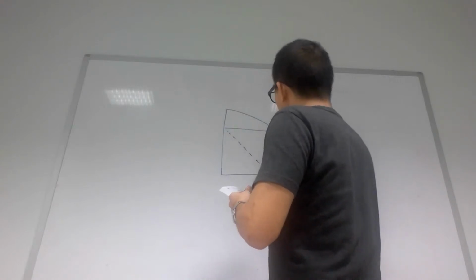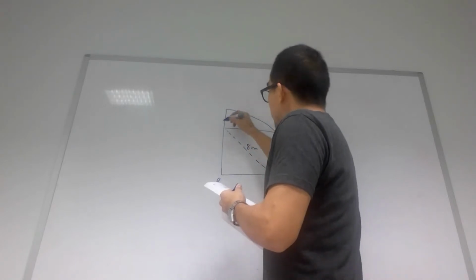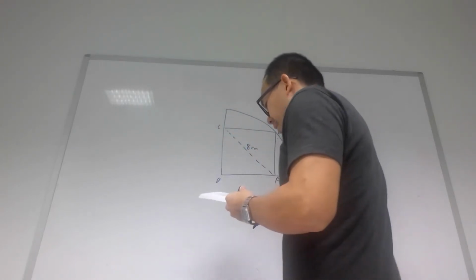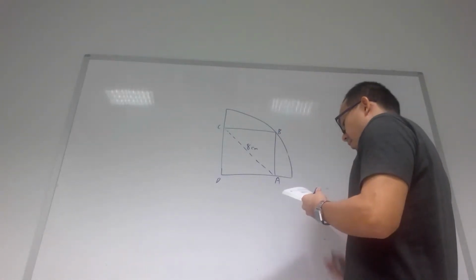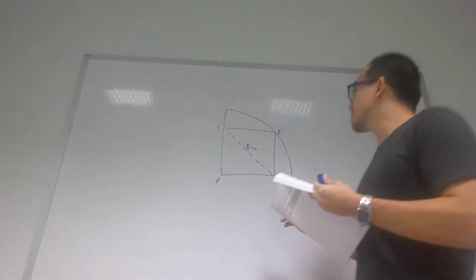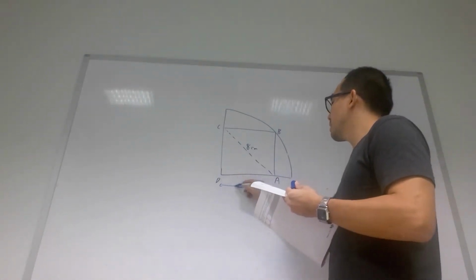The length of AC is 8 cm. What is the radius of the quarter circle? Radius, that means they want you to think.